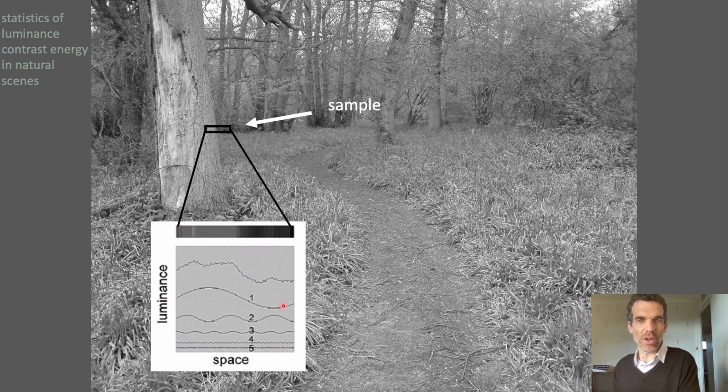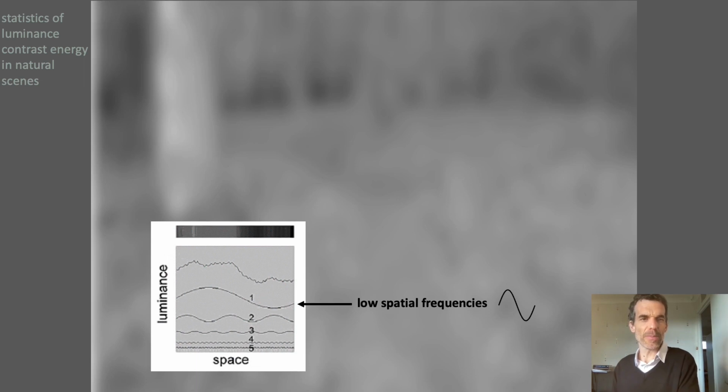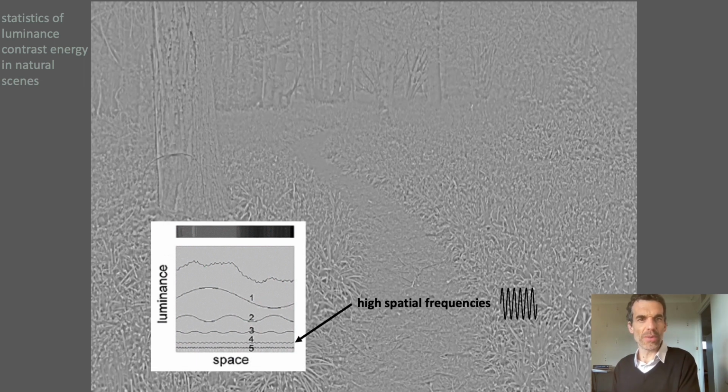This is the basis of Fourier analysis. If we add here the first, second, third, fourth, and fifth curve, we get the top curve, which gives the luminance of the sample. So here, the first curve corresponds to low spatial frequencies, and the fifth curve to high spatial frequencies. So a lot of wiggling variations in luminance.